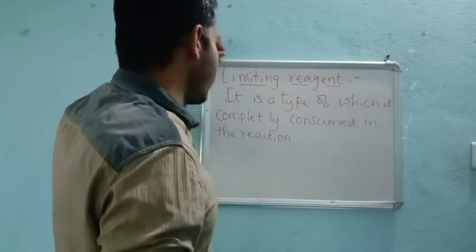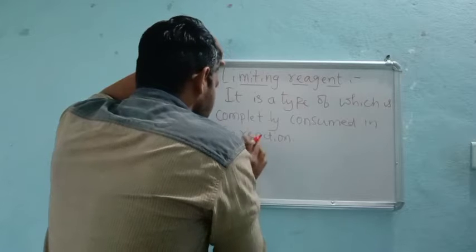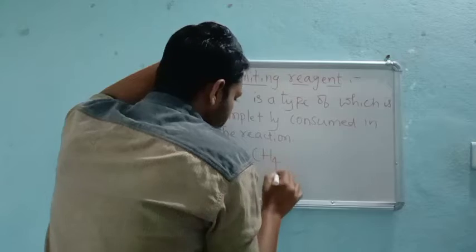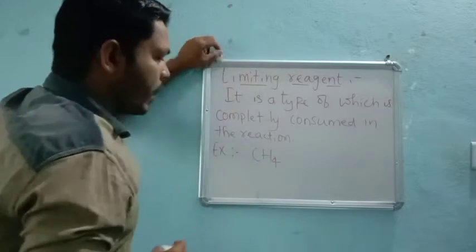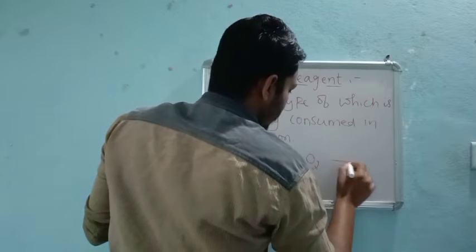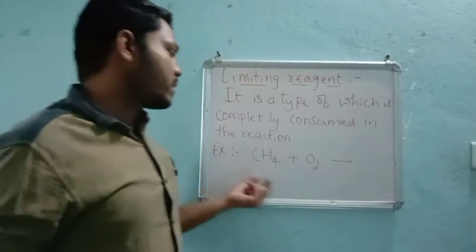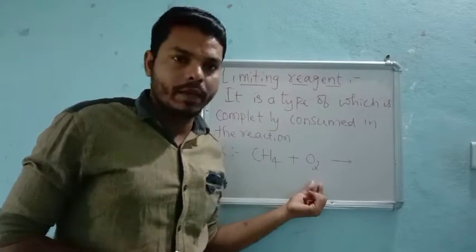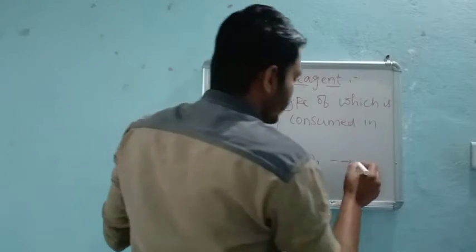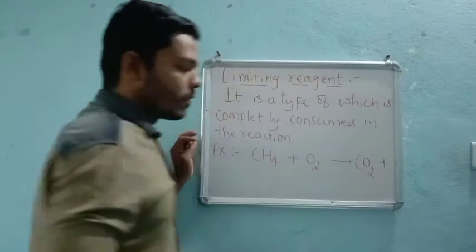So one example we will take so that you can understand very easily. If methane reacts with air, it gives, whenever there is a combination of carbon and oxygen, definitely we can produce carbon dioxide. Plus, one more thing is left over.